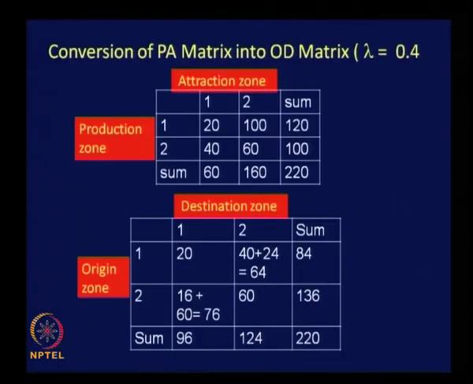The two way movements are almost balancing, and let us take lambda to be 0.5 and do the same exercise and check whether there is any major difference between this result and the result of the practical case of lambda being 0.5.